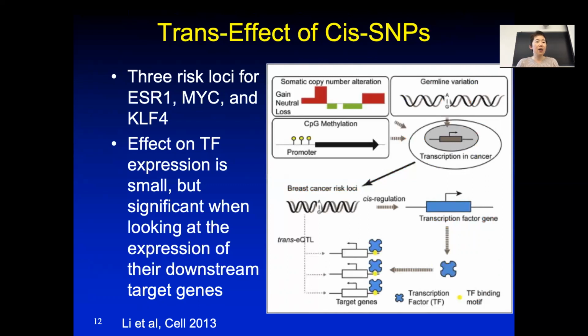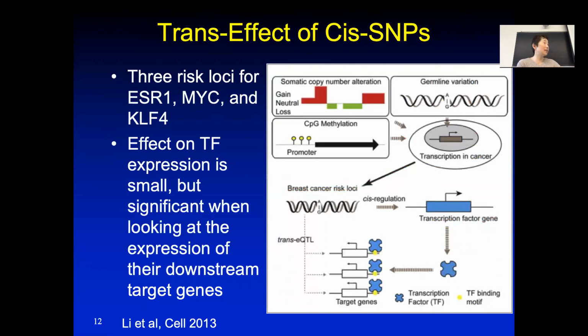They're asking, when you have this particular SNP or the other SNP, do the downstream targets of estrogen receptor have a big difference between one allele or the other allele? Instead of looking at estrogen receptor gene expression alone, they are looking at the estrogen receptor transcription factor targets. There you have many target genes, and they actually have much, much better power to detect the difference.